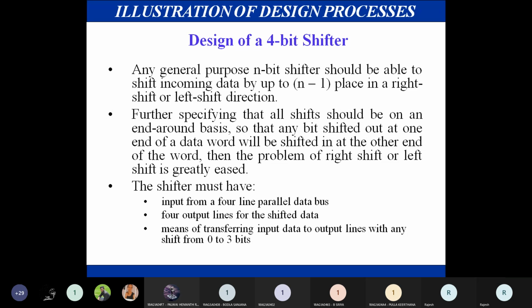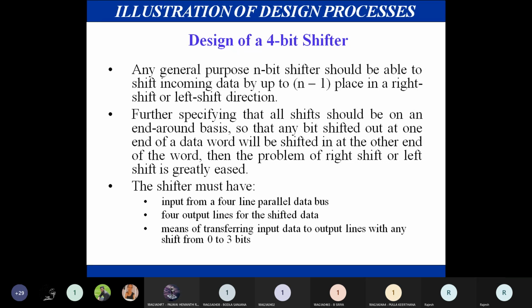And further specifying that all shifts should be on an end-around basis. What is end-around basis? Any bit shifted out at one end of the data word will be shifted in at the other end. If you do a left shift, data is generally represented as MSB to LSB. So for a 4-bit word, MSB is A3, A2, A1, A0.